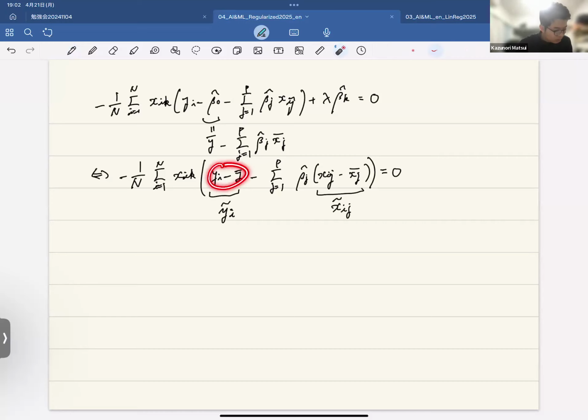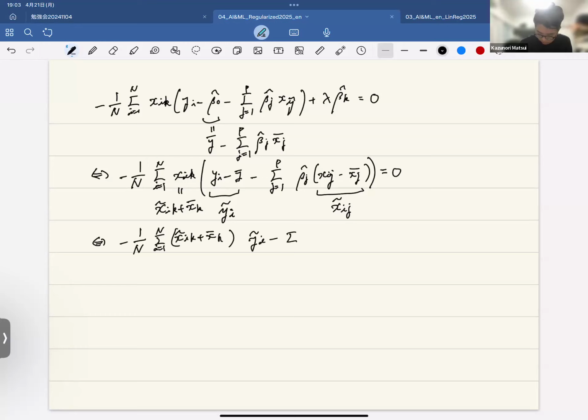Then this part becomes y tilde, and this part becomes x tilde ij. Here, this can be broken down like this: x tilde ik plus x bar k. So we obtain minus the sum of y tilde minus beta j hat x tilde ij equal to 0.